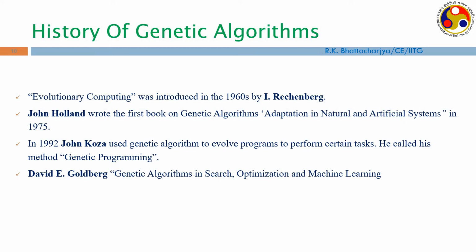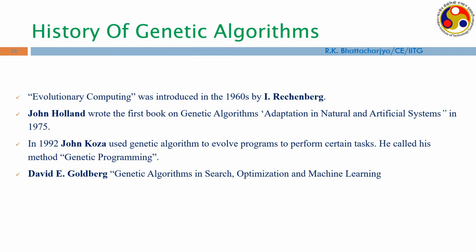Then David Goldberg, who was a student of John Holland, actually wrote a book, Genetic Algorithms in Search, Optimization and Machine Learning, and it is one of the most popular, best-selling books, around 1989 or something like that.